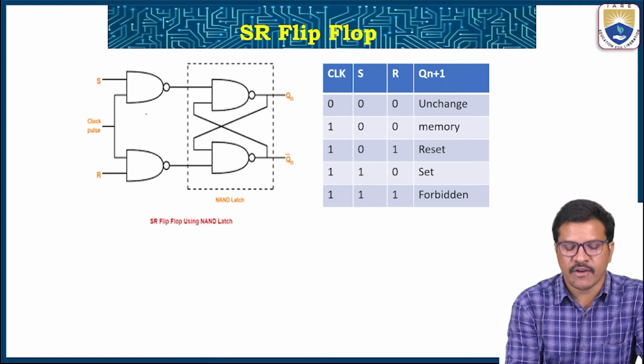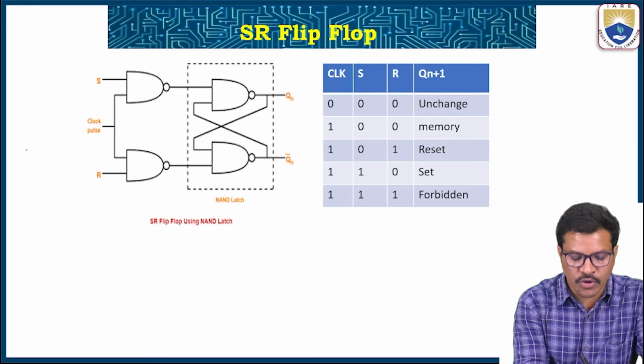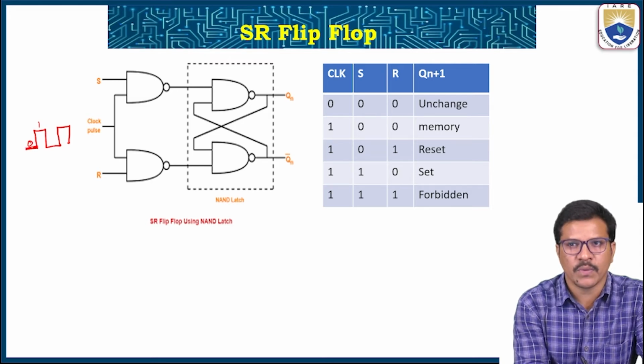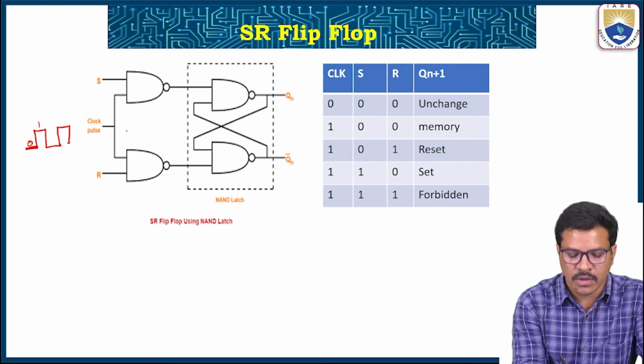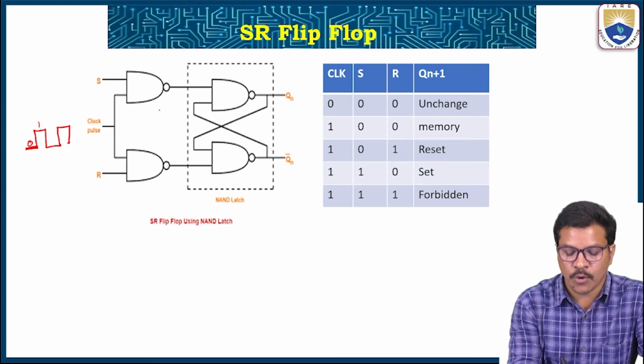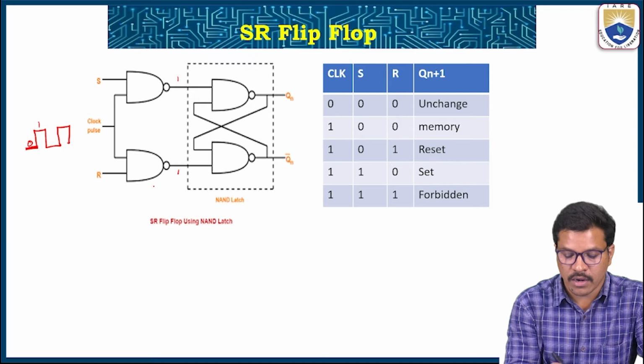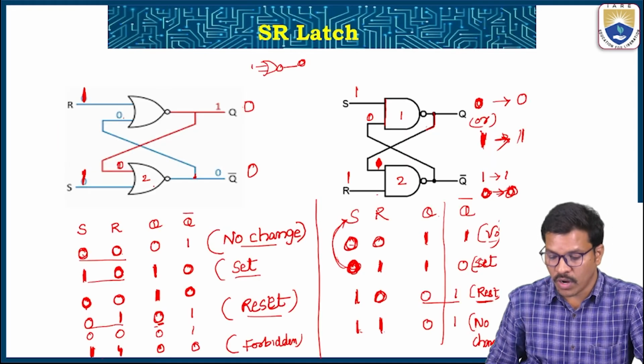We know the NAND gate, whenever any clock pulse shape, high, low, logic 1 and logic 0. Whenever the clock is low, the output will get 1 and 1. What about 1, 1 for the NAND latch? No change.